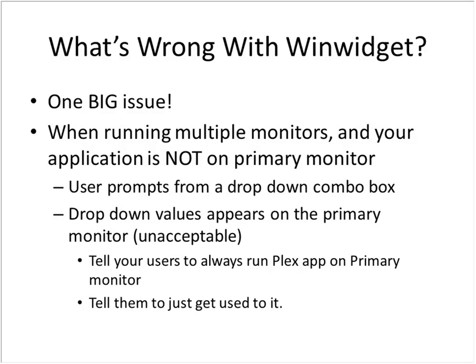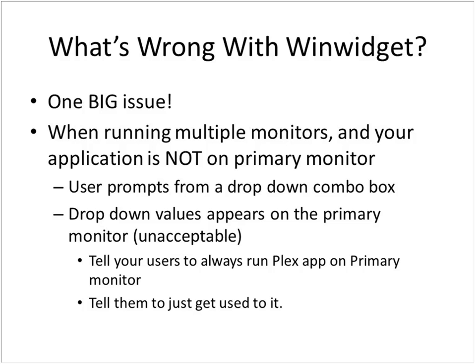So there's really one big issue with the Winwidget control that I'm sure you already know about if you're using those controls. And that is, if you're running your application and the user has multiple monitors, and your application happens to be running on a secondary monitor, so it's not the primary monitor, a user will prompt on a drop-down combo box control, and what happens is the drop-down list of values does not appear directly below the combo control on that user interface.